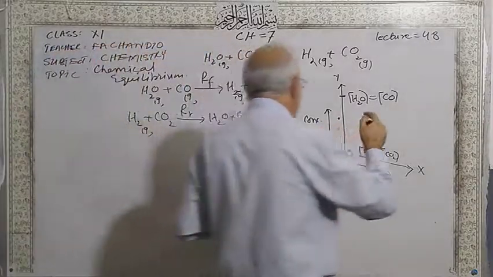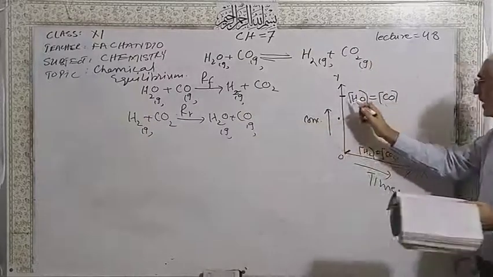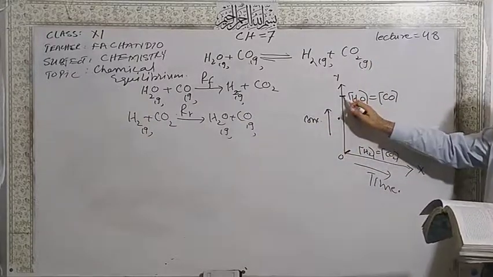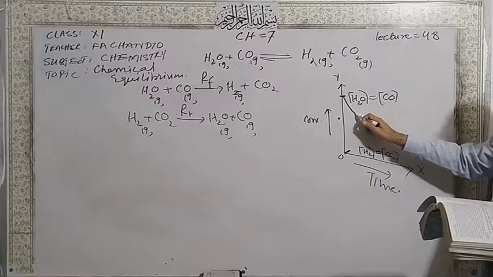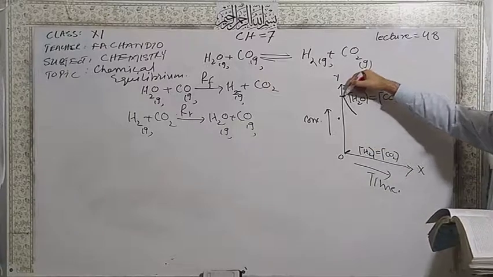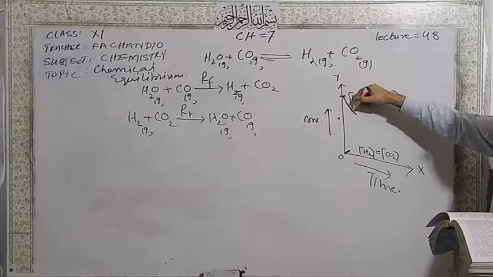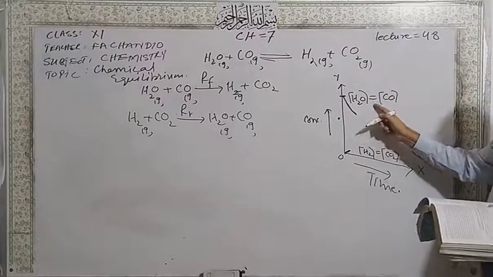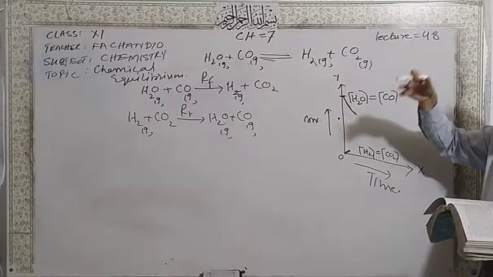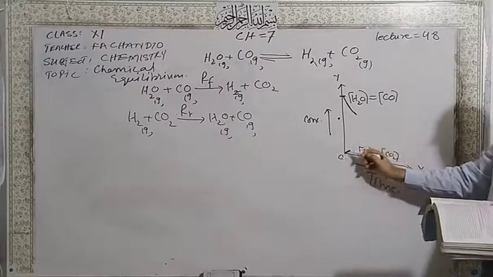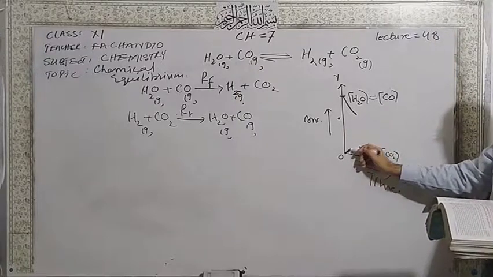So students, what happened? Initially the graph is steep. The steepness of the graph means that the concentration of the reactants suddenly decreases and the concentration of the products suddenly increases.